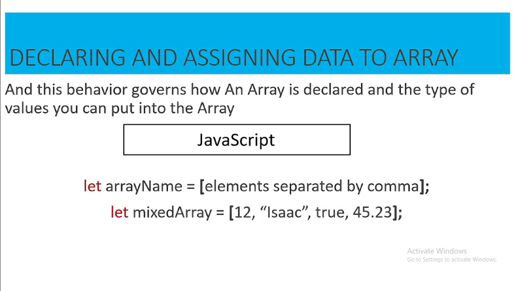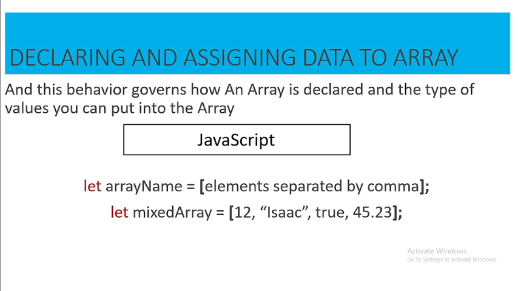Unlike Java and C++, which are statically typed languages and enforce members of one data type, with JavaScript we can mix the data types in one single array. Let mixedArray.